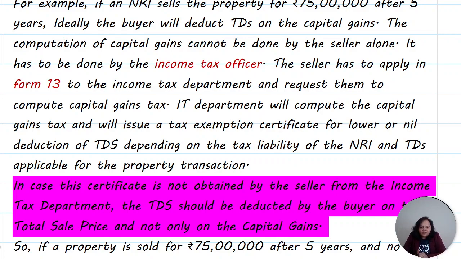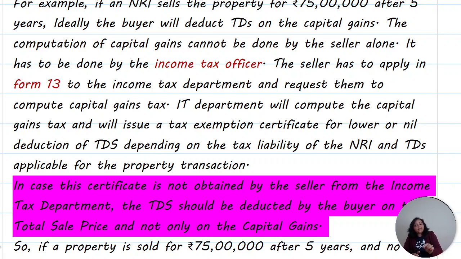The income tax officer will issue a certificate, a tax exemption certificate, on the basis of which the buyer will deduct lower or no TDS at all. So getting this certificate in Form 13 is a must. Otherwise, TDS will be deducted at higher rates by the buyer of the property.